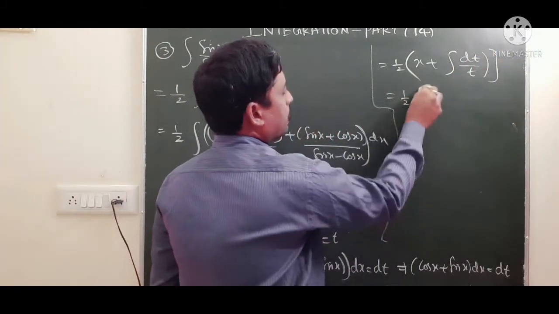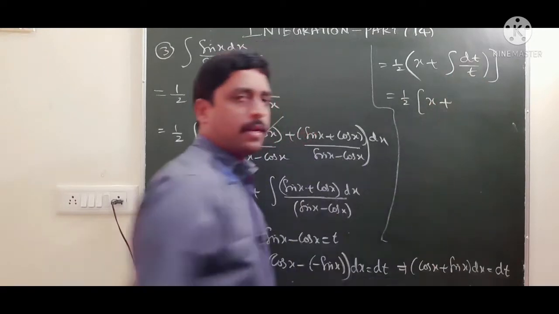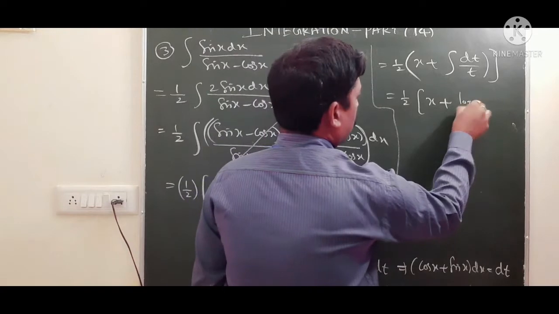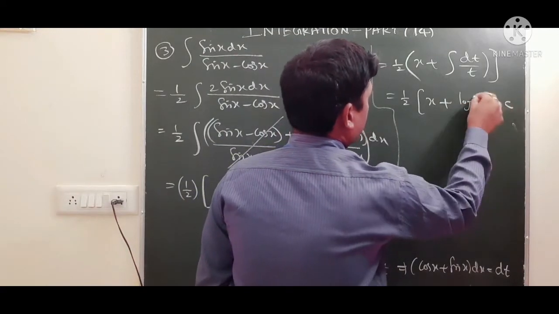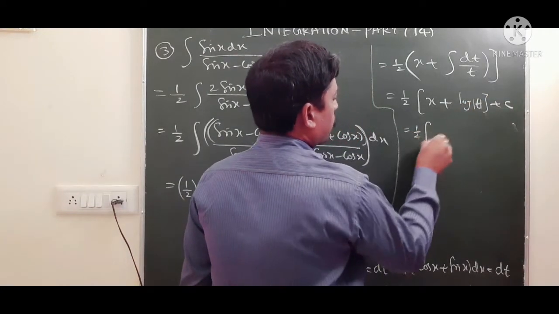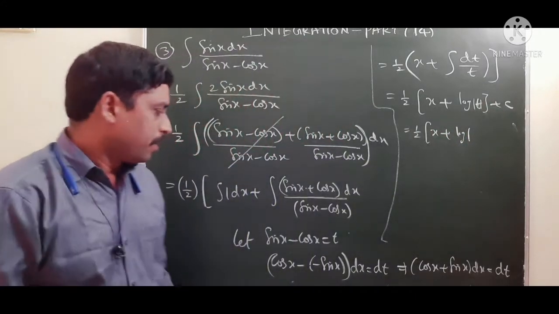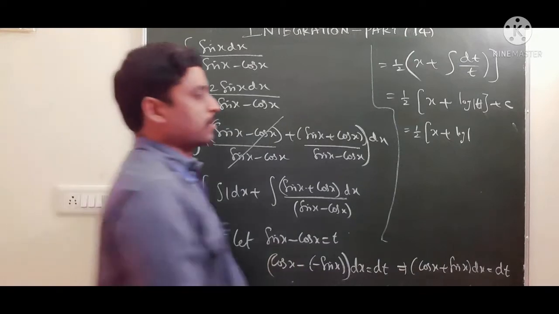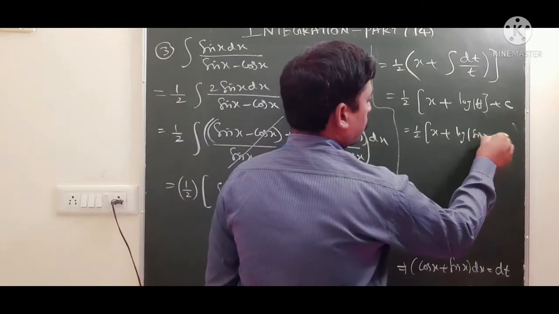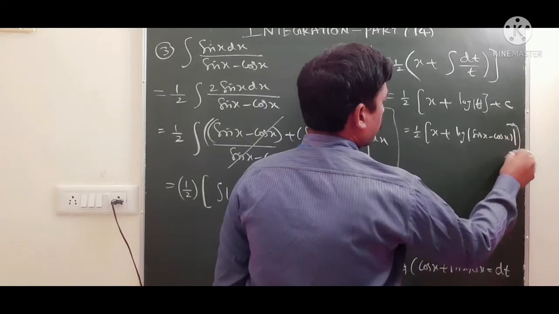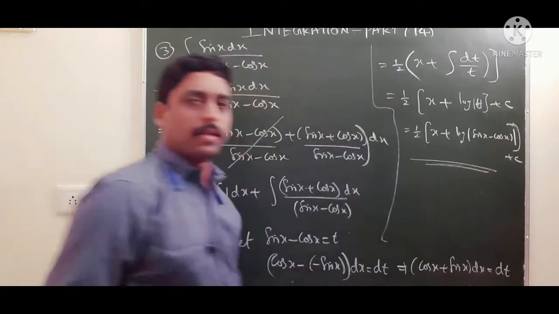So 1 by 2 times of x plus integral dt by t, we get log t plus c. So 1 by 2 times of x plus log of modulus of t, where in place of t we should write sin x minus cos x. This is the answer, the final answer.